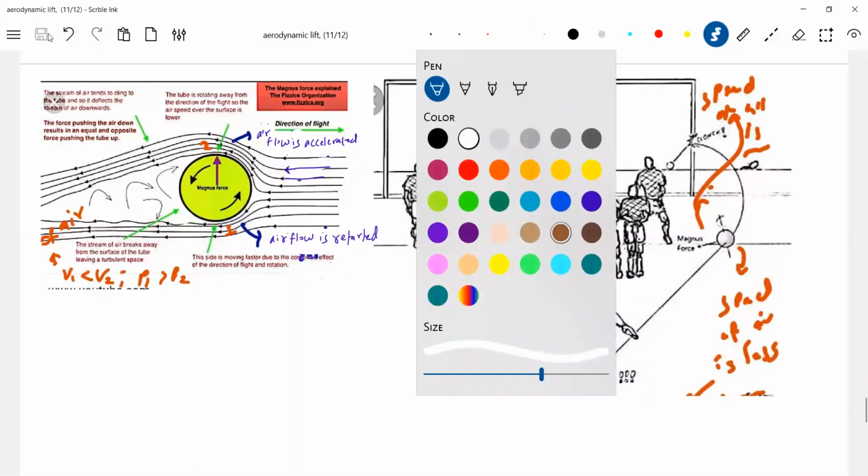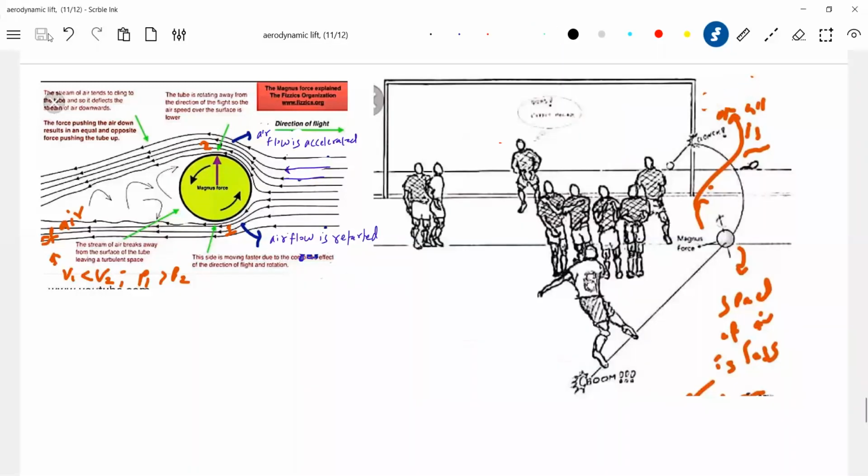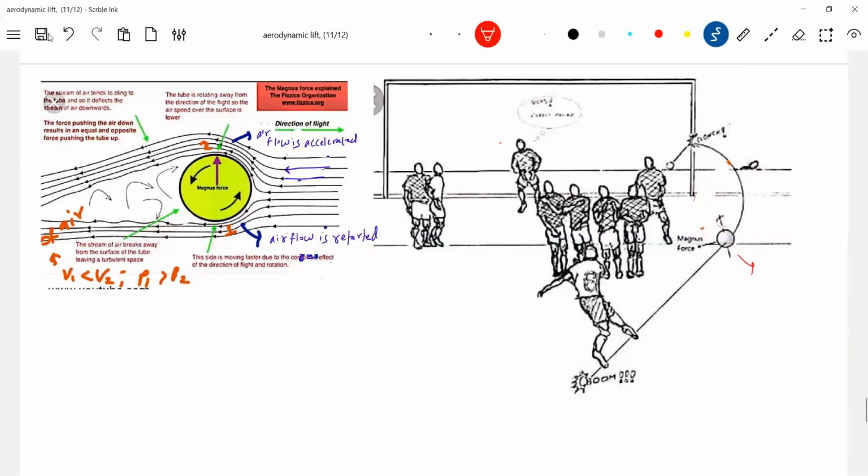So let me erase that data which I wrote. First, neatly make an observation of the diagram. See, in this example, the airflow is retarded here.